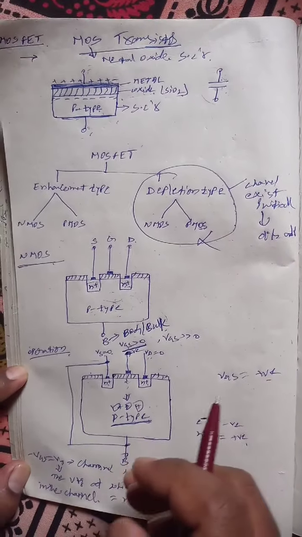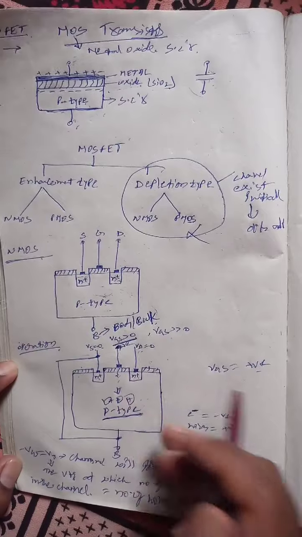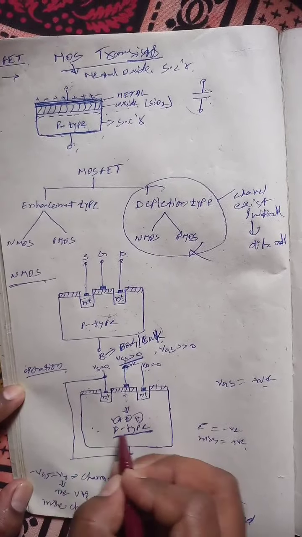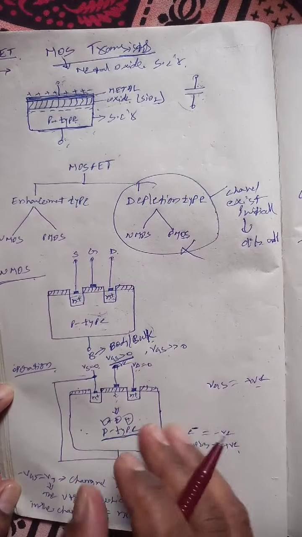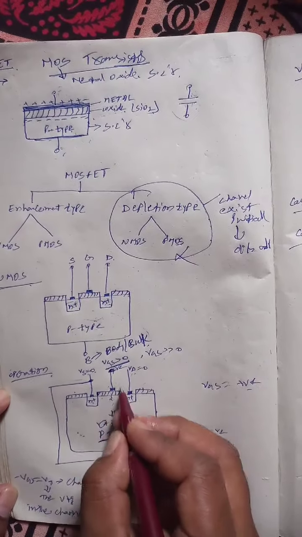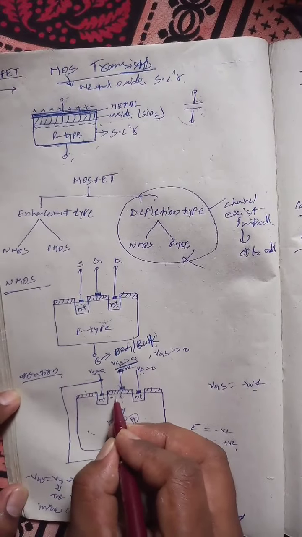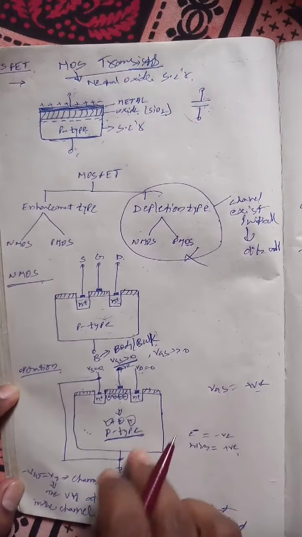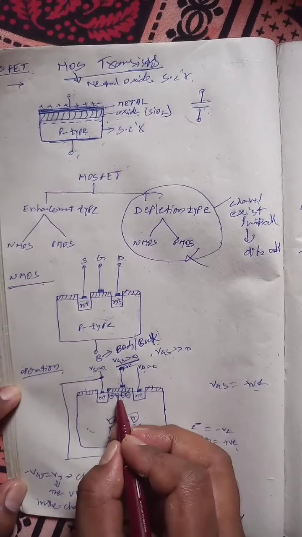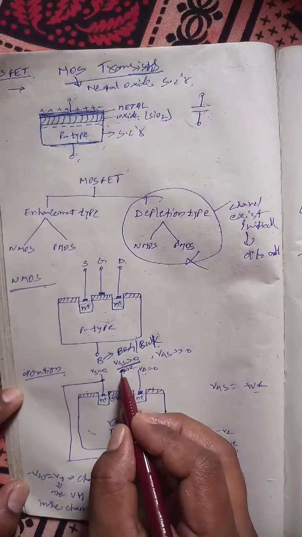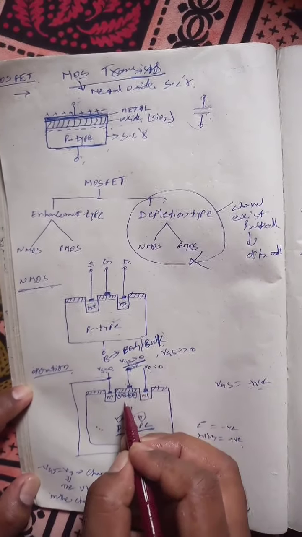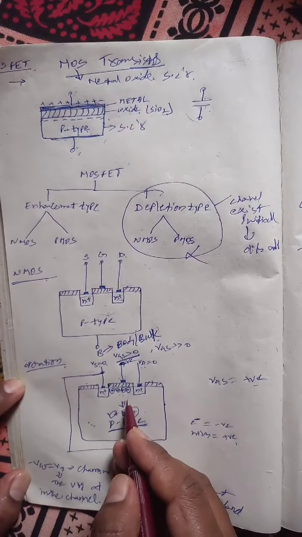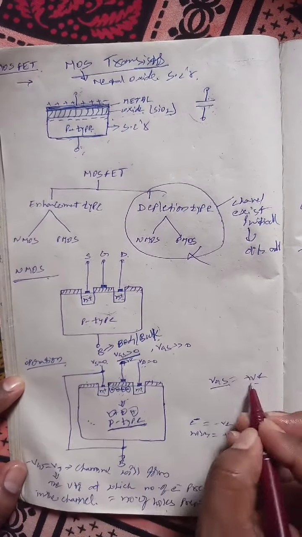So positive and positive repel each other, and the electrons which are there in this P substrate as minority charge carriers are going to be attracted towards the positive charge which we are giving from this gate terminal. This is the operation when we are giving VGS as positive.